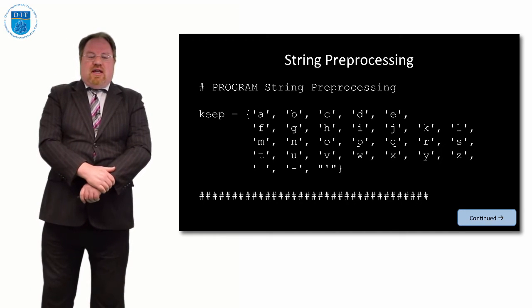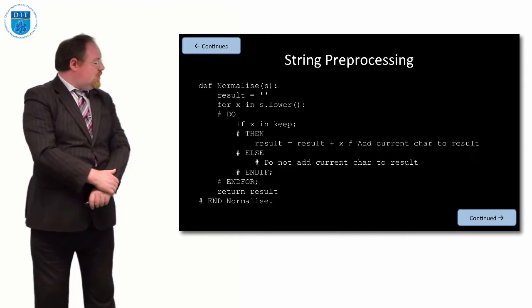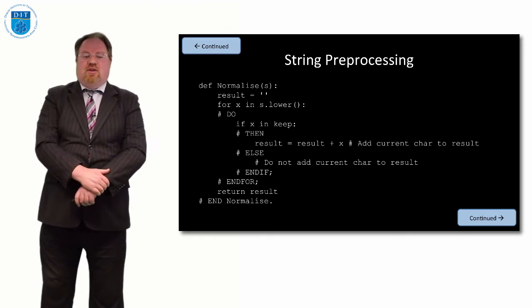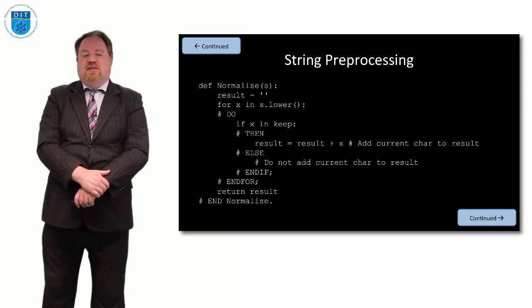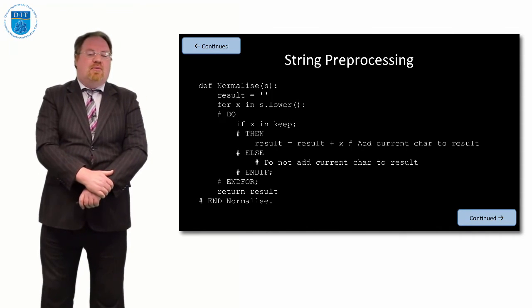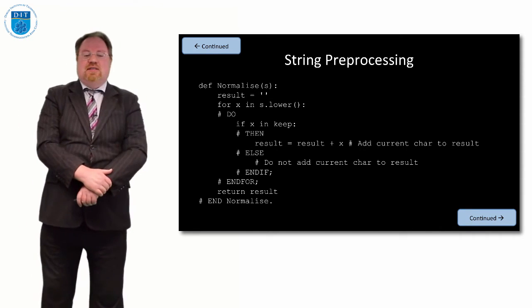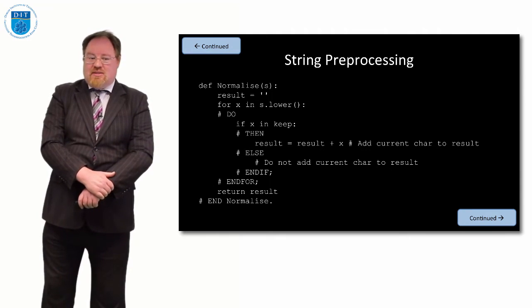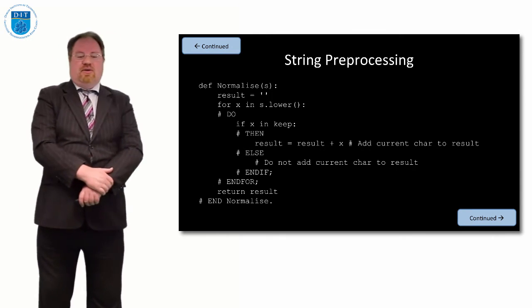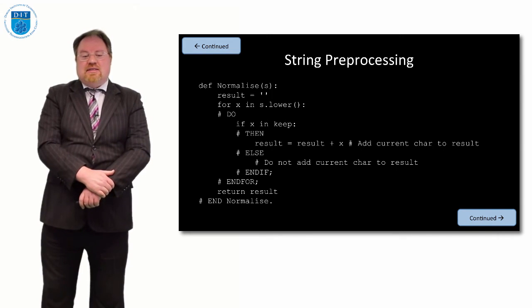So let's have a look at some code. We're going to declare a method or module called normalize, and we're going to declare an empty string called result. And we're going to go through each letter in the string that's passed into normalize, and we're going to lowercase it. So we go for x in s.lower, and x is each letter within it.